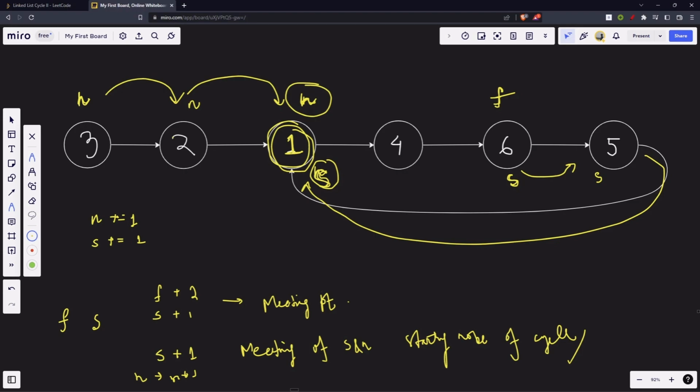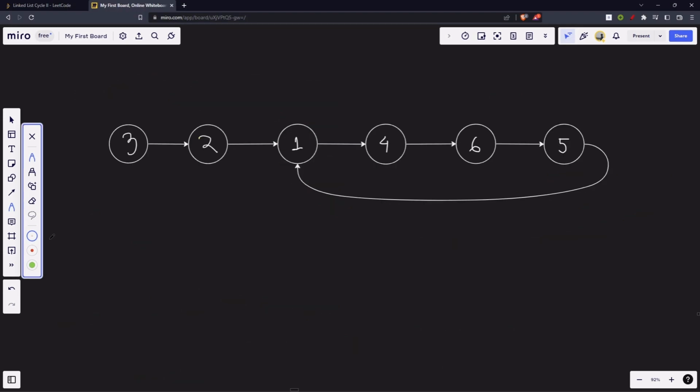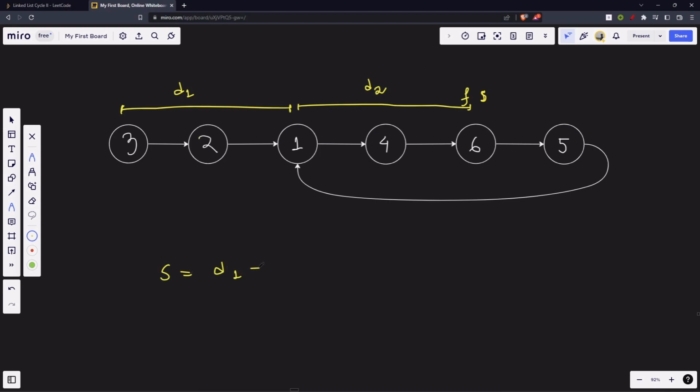Now how is it making sense? Why does this work? Let's say our fast and slow pointer met here, right? Let us take that this distance is d1, and from the starting of our cycle to the meeting point is d2. So how much distance did our slow pointer travel? It traveled a distance of d1 plus d2, right?